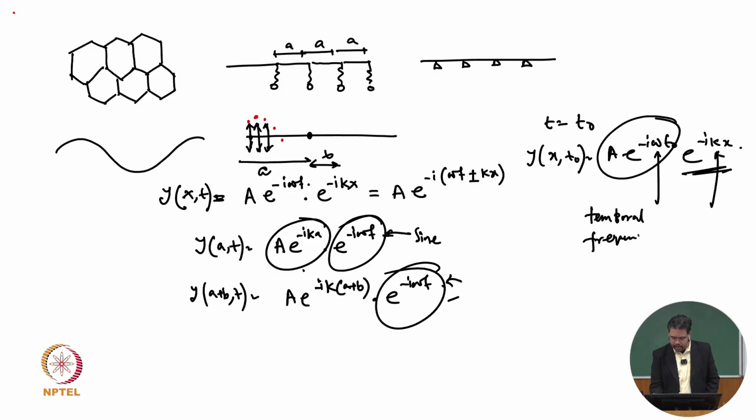Therefore the reciprocal of time is known as temporal frequency. And what is the reciprocal of space? That is known as spatial frequency or wave number, like the number of waves present in unit length. Agreed? Make sense?